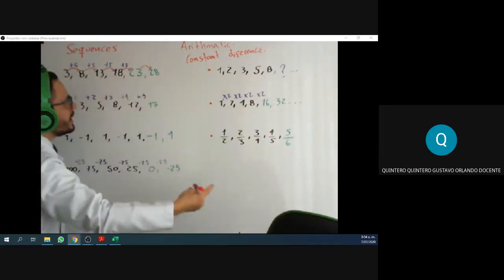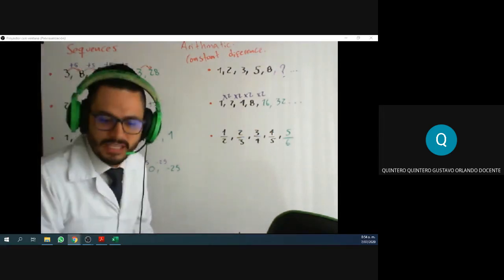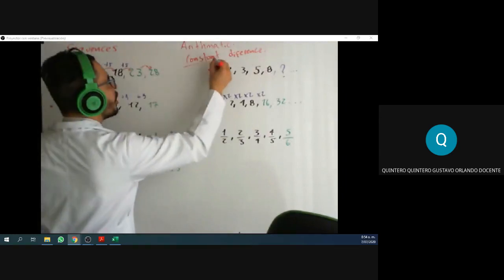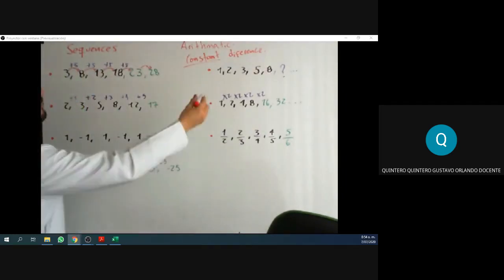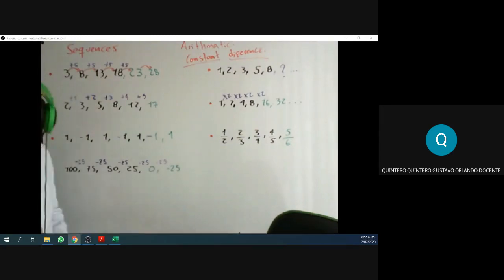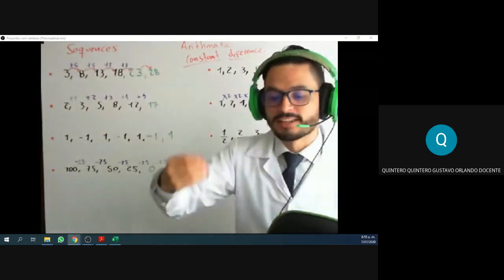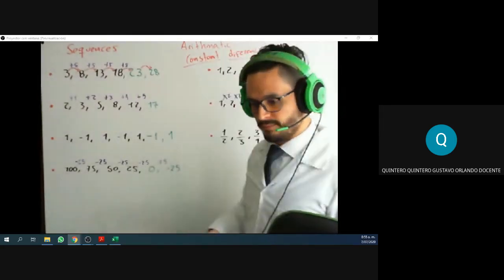Again, same difference from 18 to 23. That is the idea behind constant. It is the same. And difference means the result of subtracting these two numbers. So we are looking for differences that are the same in every step.